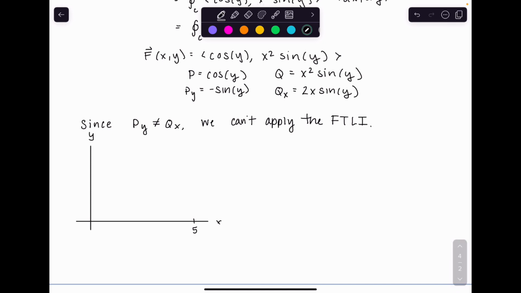So plotting each of these, the vertices would be at (0, 0), (5, 0), (5, 2), and (0, 2). So we get this rectangle here, and it has counterclockwise orientation.